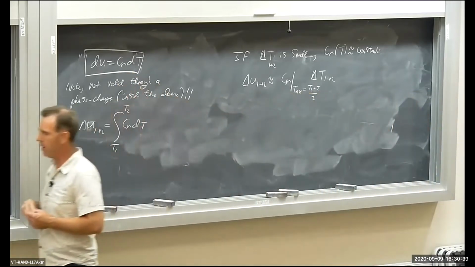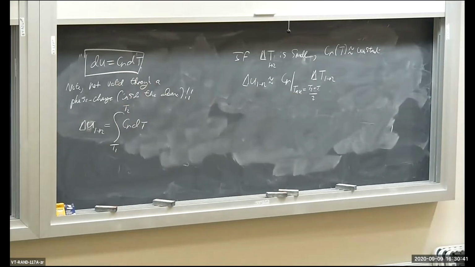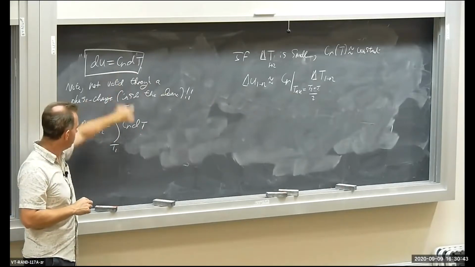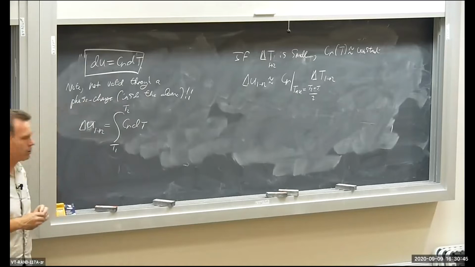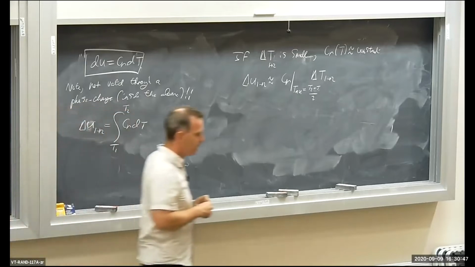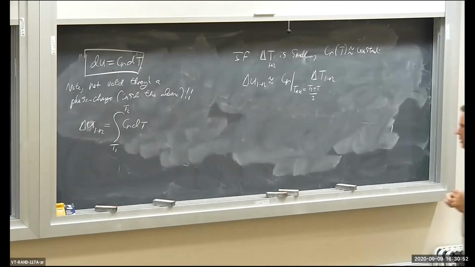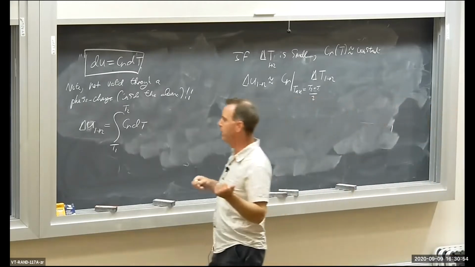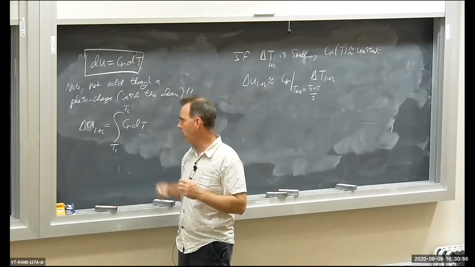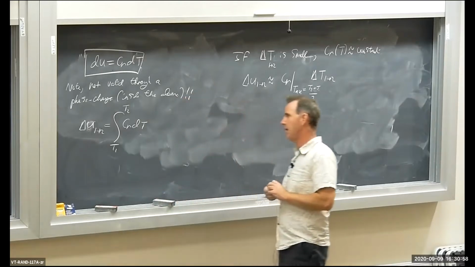Specific heat is typically a function of temperature, so integrating this can be a little bit tricky sometimes. Usually we just assume constant specific heat when we do most problems. If you want more accuracy, you can either use property tables or you can get a polynomial expression for CV and then integrate.